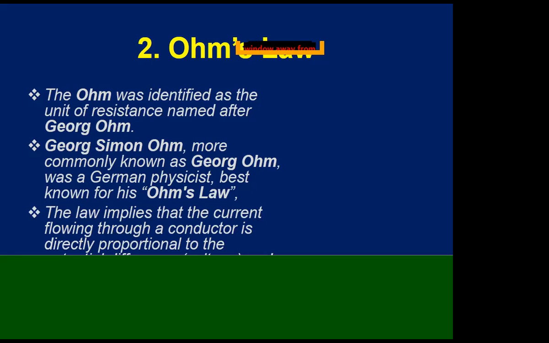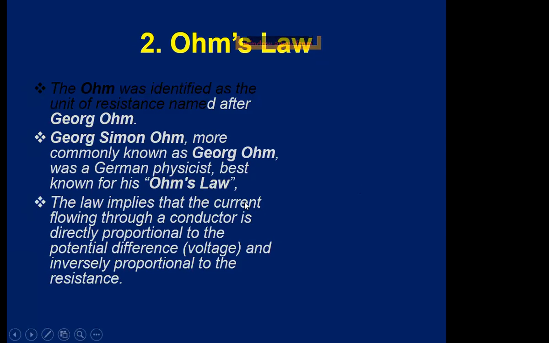The law given by Ohm implies that the current flowing in a conductor is directly proportional to the potential difference across the conductor, that is the voltage across the conductor, but also inversely proportional to the resistance of that material.